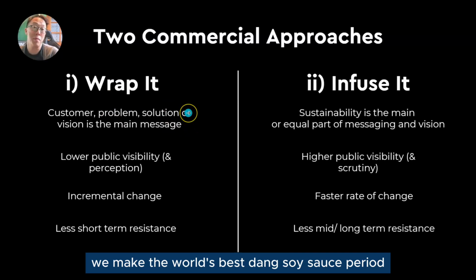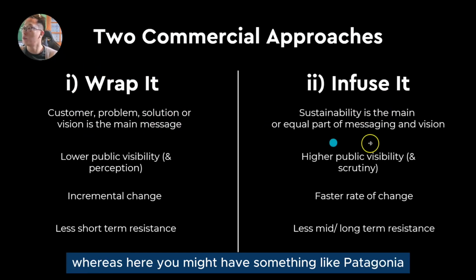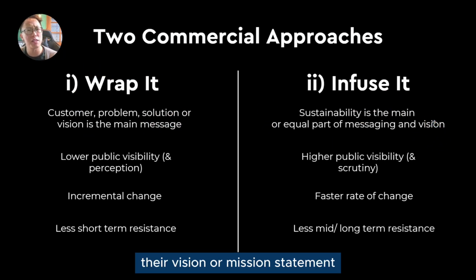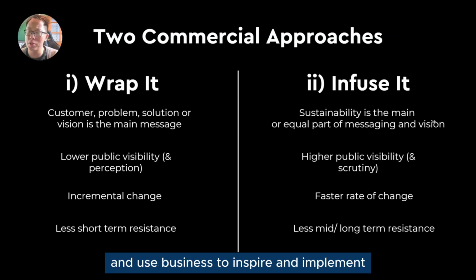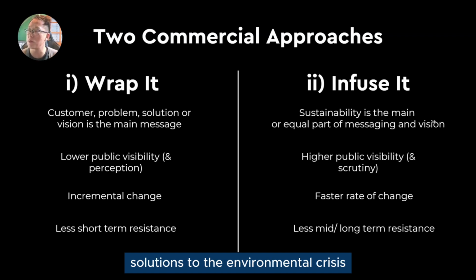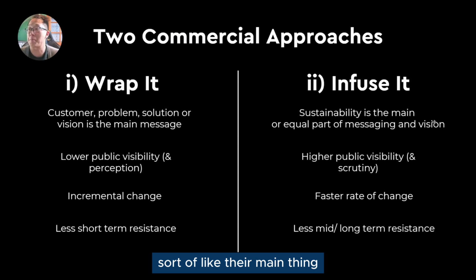It's maybe just we make the world's best dang soy sauce, period. And that might be your messaging. Whereas here you might have something like Patagonia, and I believe their vision or mission statement is to build the best product, cause no unnecessary harm, and use business to inspire and implement solutions to the environmental crisis. So it's front, bang, center. In fact, it's sort of like their main thing.